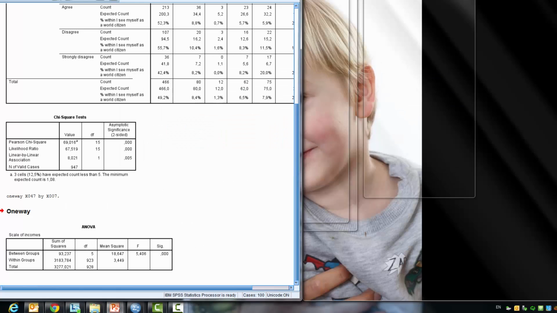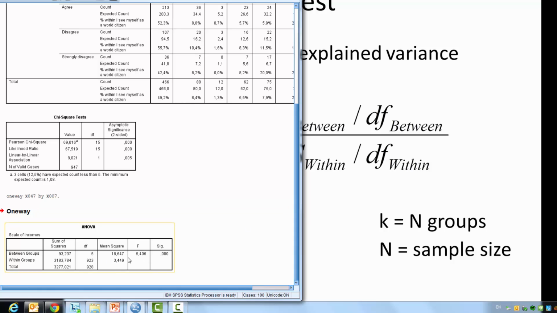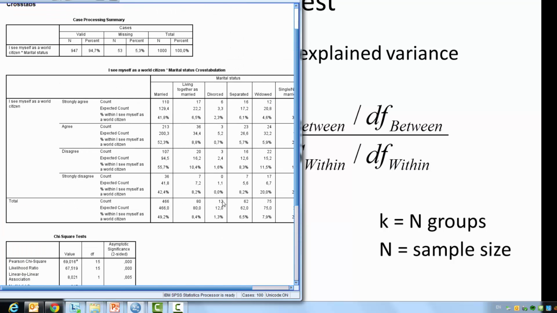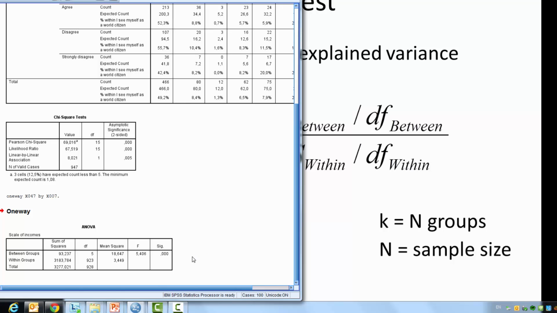In our case, the F value is 5, and similar to the chi-square value, it follows its own distribution and has its own table given the degrees of freedom, and according to this table, our F value is significant. Meaning that people with different marital status have a different income level.